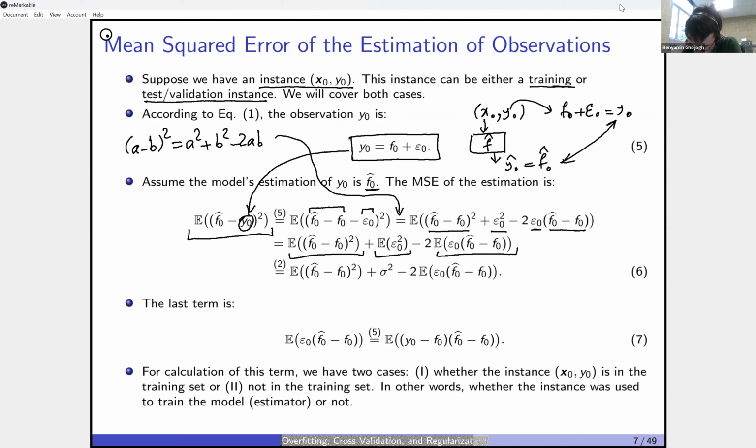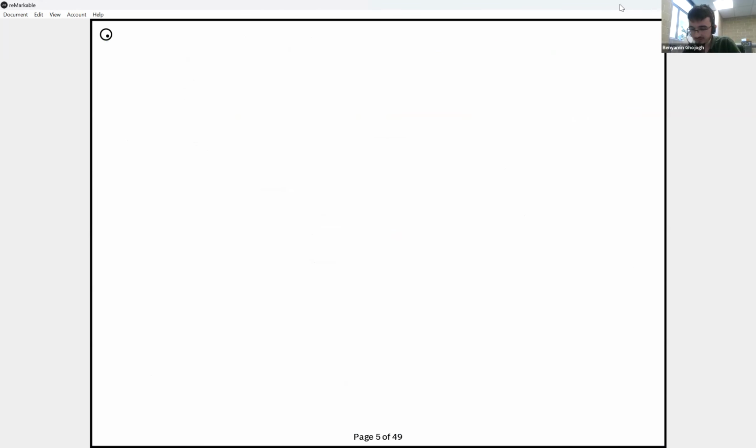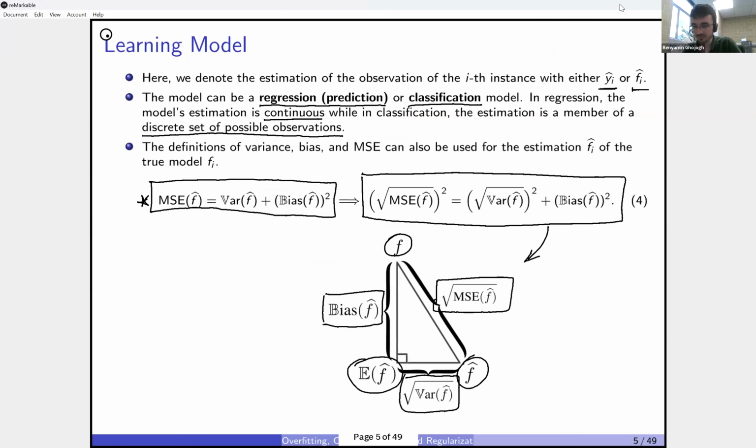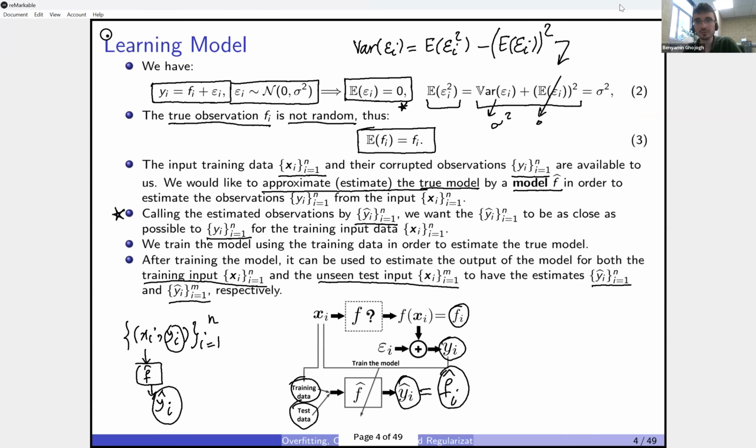Now what happens? I'm repeating the first term here and also the last term here. But what was the expectation of epsilon 0 squared, or the second moment of epsilon? We already proved that in equation 2.